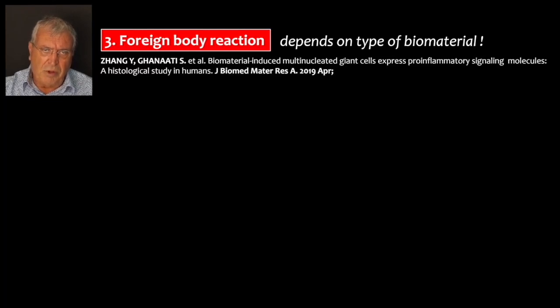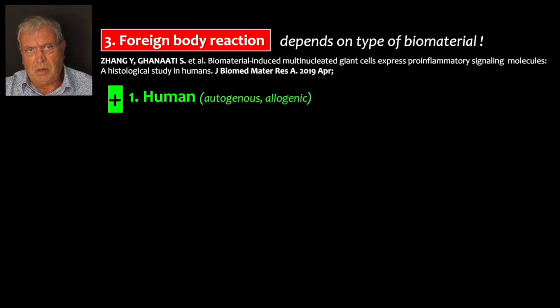We have another problem, the foreign body reaction. We know that when we introduce a biomaterial, we induce a foreign body reaction. The foreign body reaction is the least when we use human material, because antigenicity is the same.